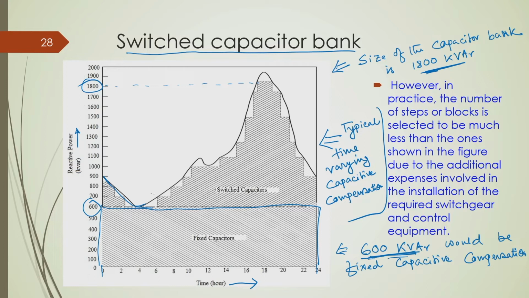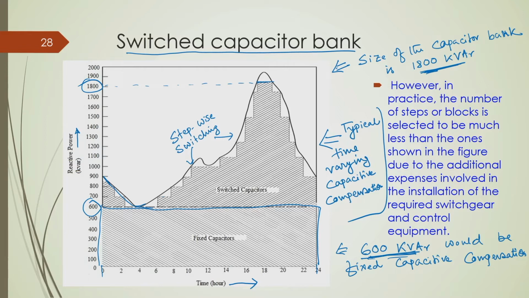Okay. And you can see that switching is done stepwise. So, this is stepwise switching of the variable capacitor, or switched capacitor. And during this peak load time, all the capacitors are brought into service, and at that time this compensation rises to 1800 kVAr.